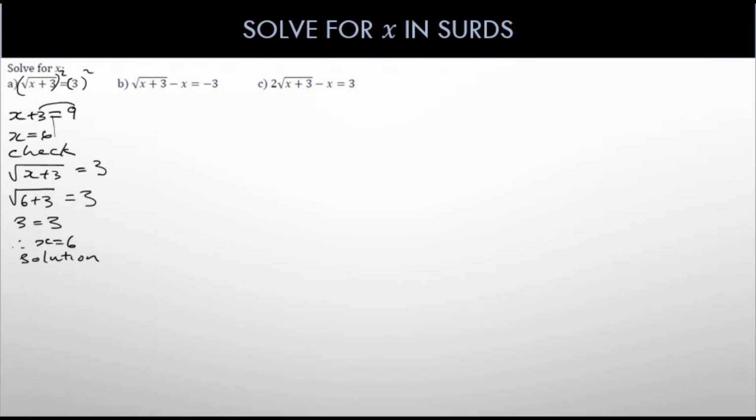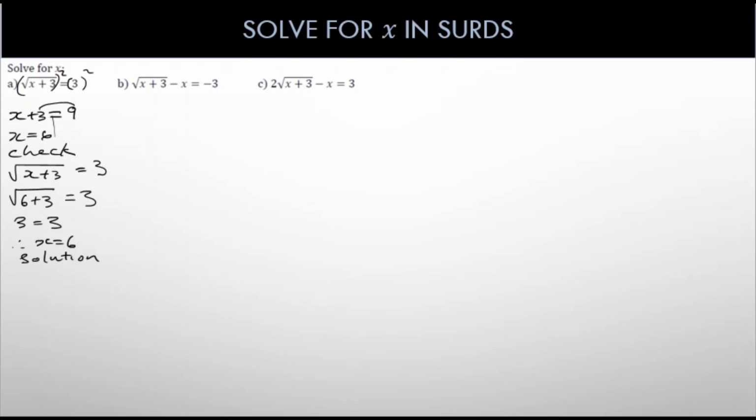So here is quite tricky because now we have to square both sides, but my advice to you is to isolate the root. I always tell my learners that they have to isolate the root. So what does that mean? It means the root must be on its own, whether it's on the left or on the right.